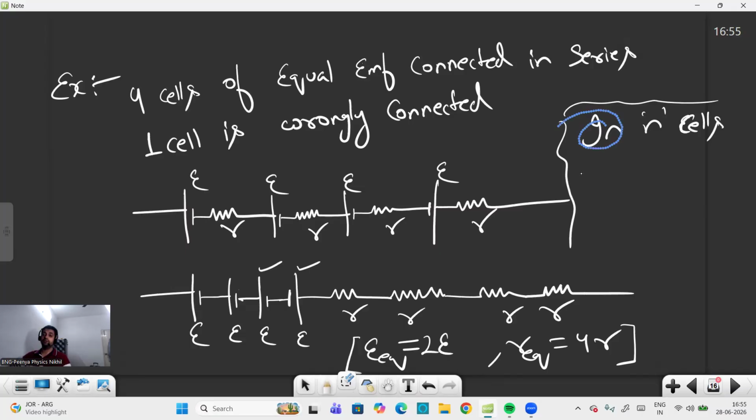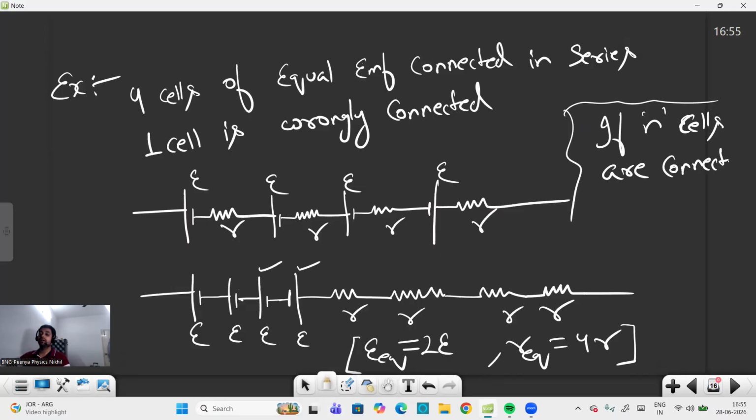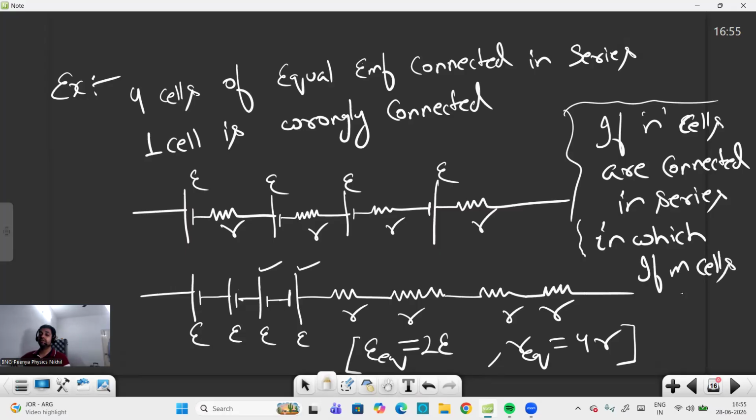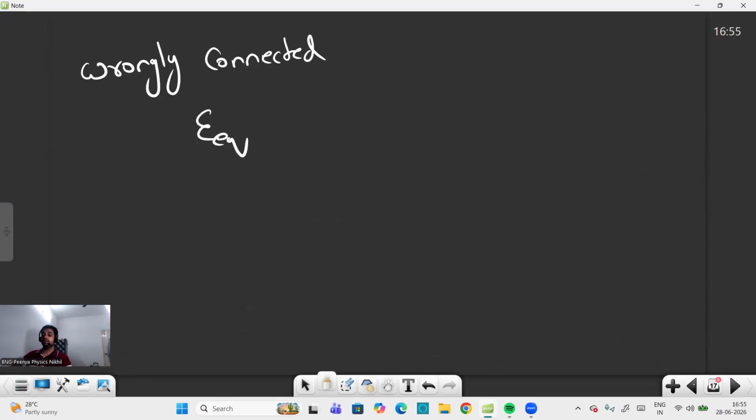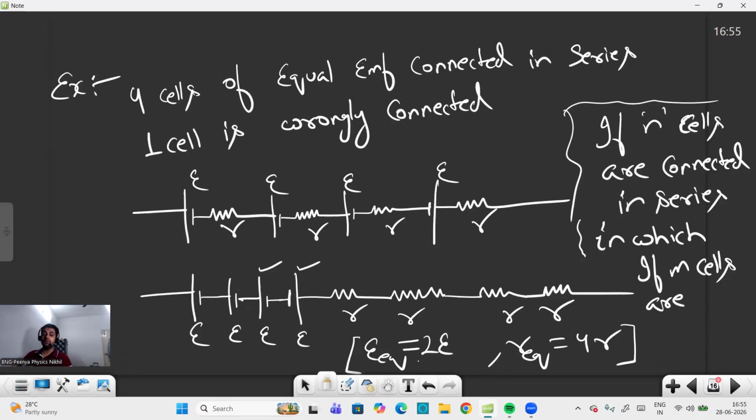If n cells are connected in series, in which m cells are wrongly connected, then what will E equivalent be?